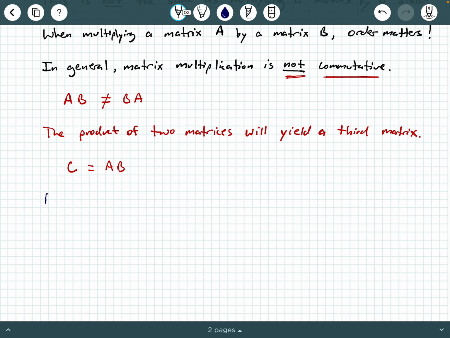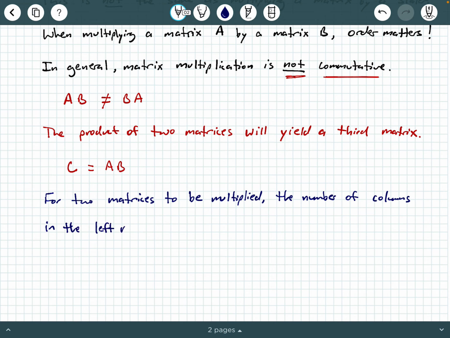Now, here is basically how this works when we multiply matrices together. For two matrices to be multiplied, the number of columns in the left matrix must equal the number of rows in the right matrix, okay?